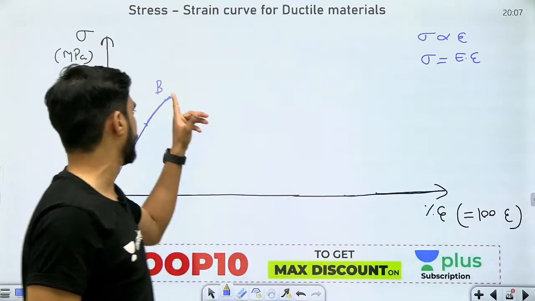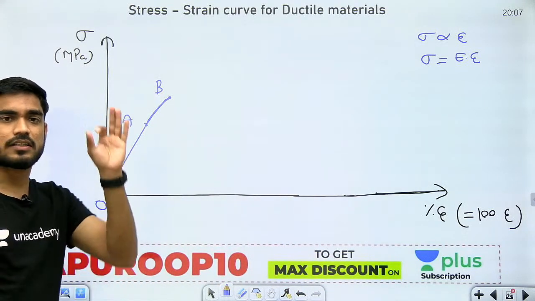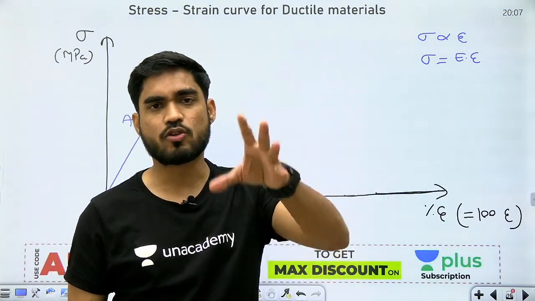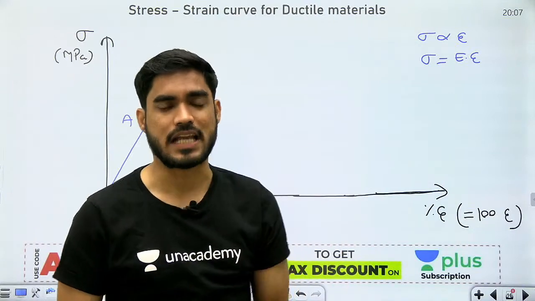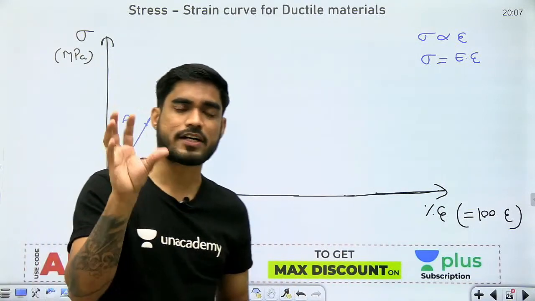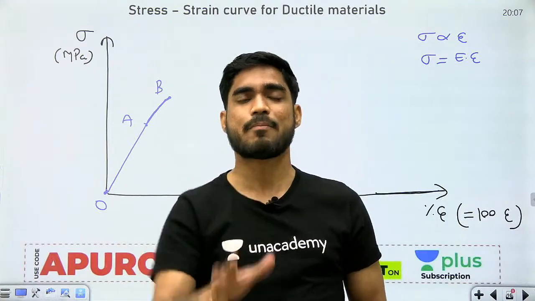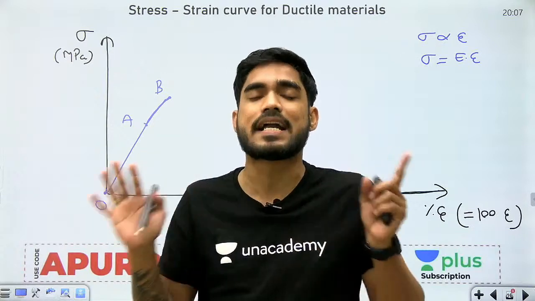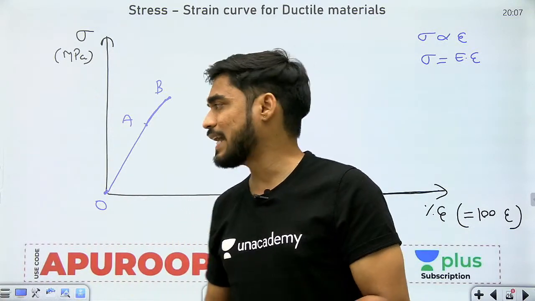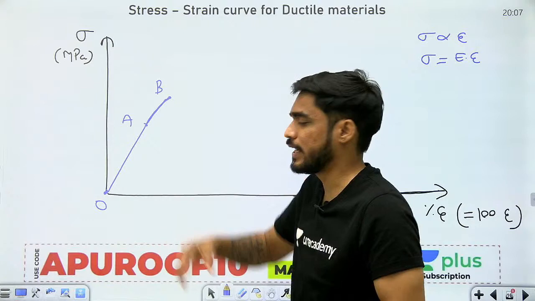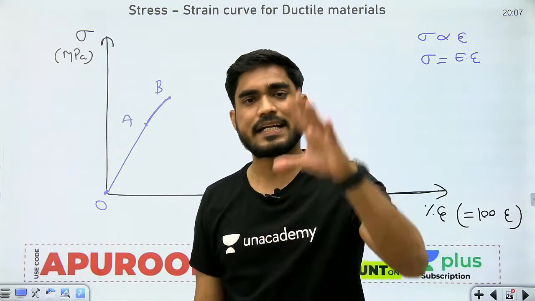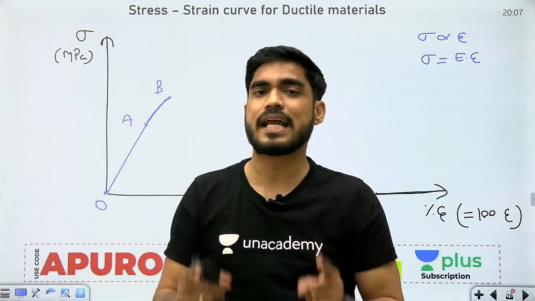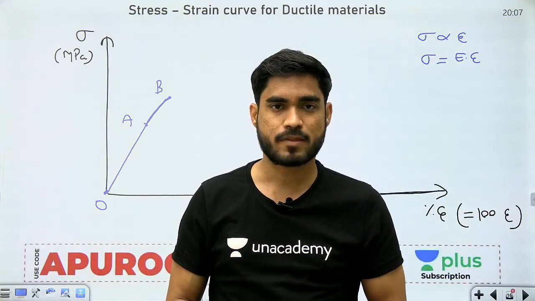Up to this point B, the material is completely elastic. Elastic means whatever deformation you are getting, it is temporary. If you remove the load, the material will regain its size and shape. Whatever deformation has happened up to point B is completely temporary. If you remove the load, the material is going to regain its shape and size.